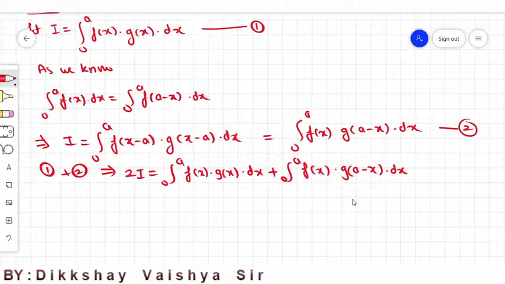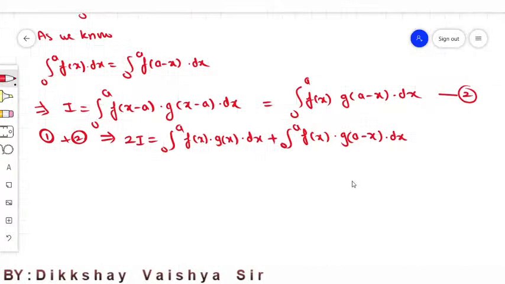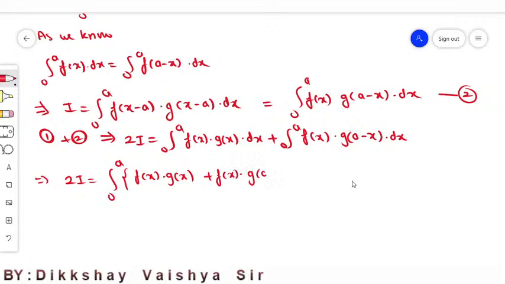Next step, so therefore 2I is equal to, now common integral 0 to a, inside bracket, now check that f of x g of x plus f of x g of a minus x, and dx combine.